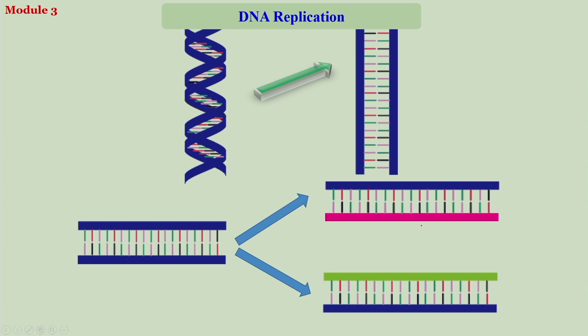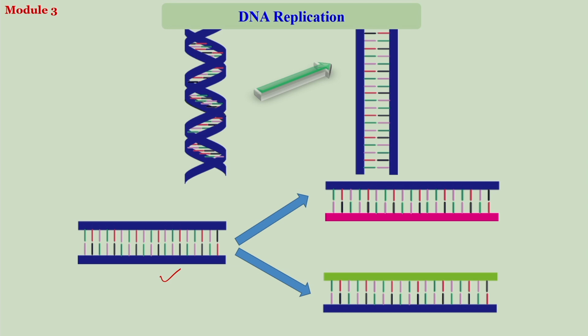This new strand is synthesized taking the parent strand as the template. Again, the other strand is taken as a template to synthesize another strand. Ultimately, you get two new DNA looking exactly the same as the parent DNA. This is what DNA replication is, and it happens in our eukaryotic cells as cell division occurs.